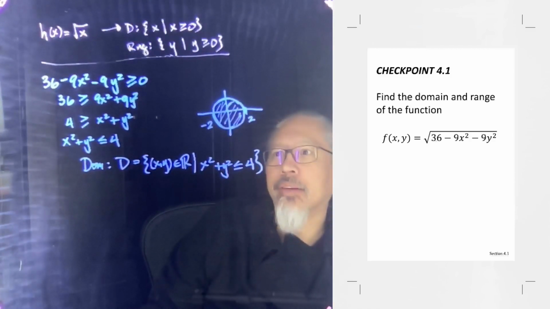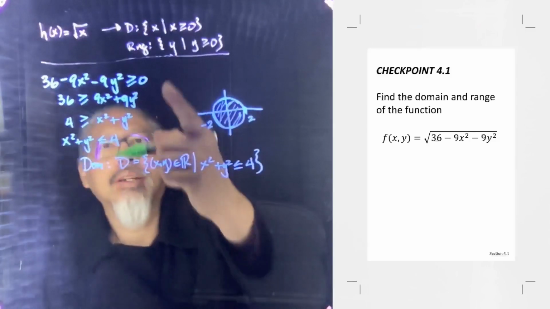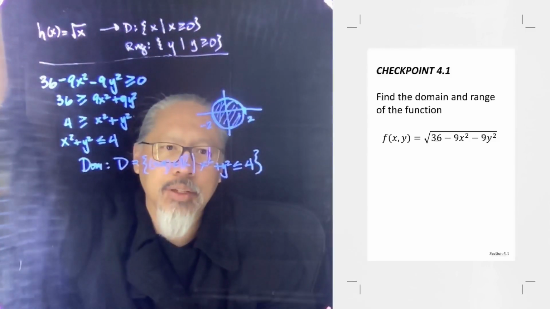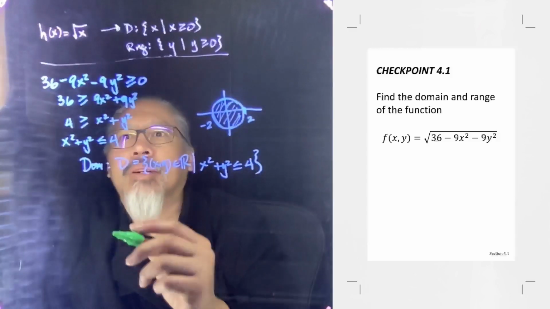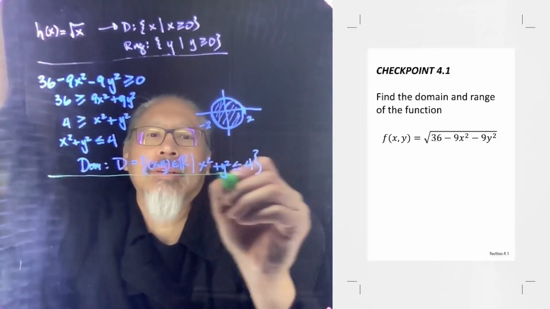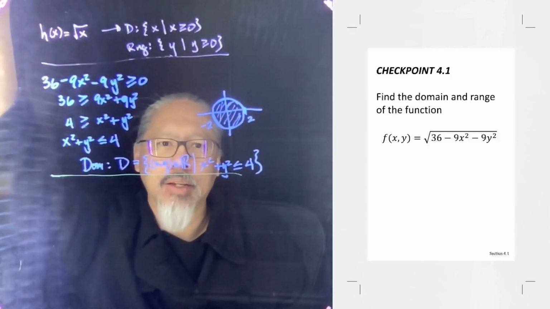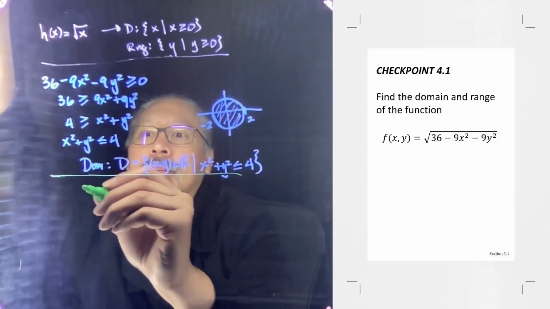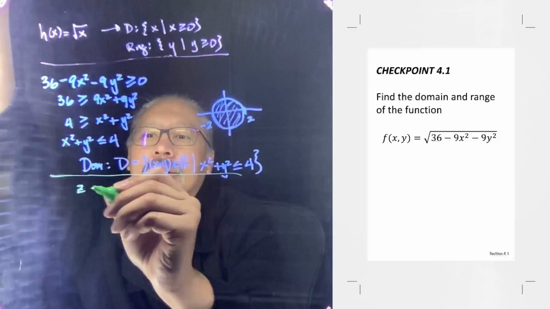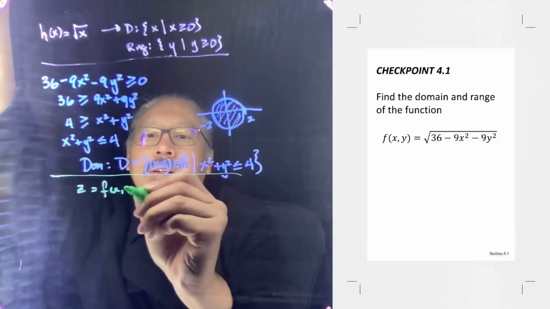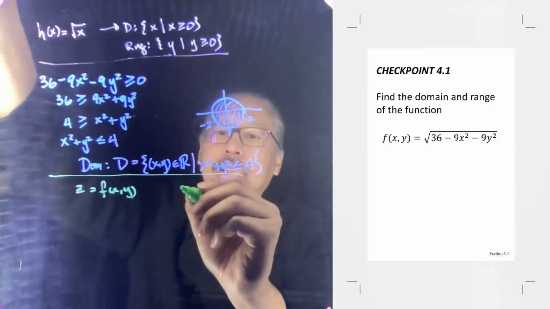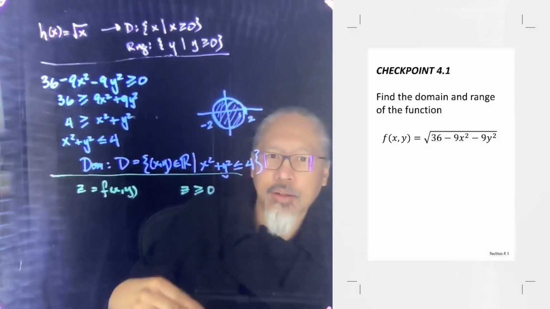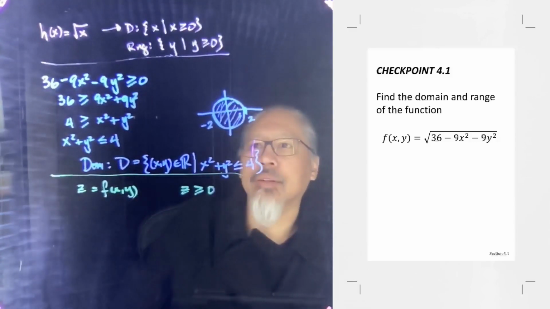Now let's figure out our range. We know that the output values for the square root function are going to give us positive numbers. So if we call z equal to f of x, y, we know that z for sure is going to be bigger than or equal to 0. The question is, how high is it going to go?